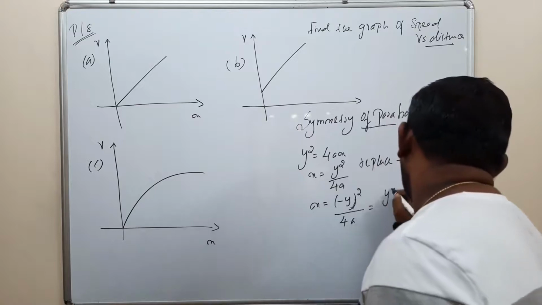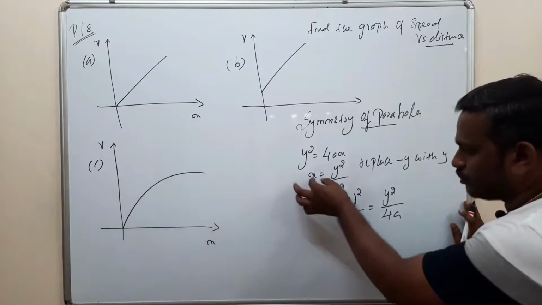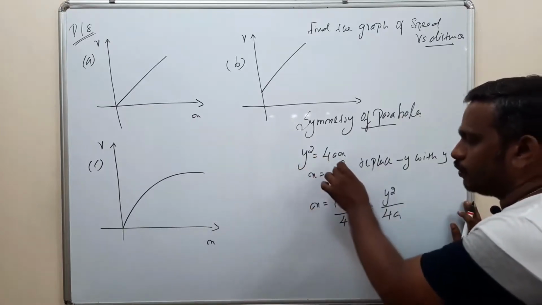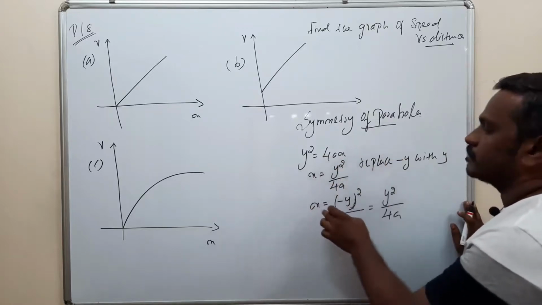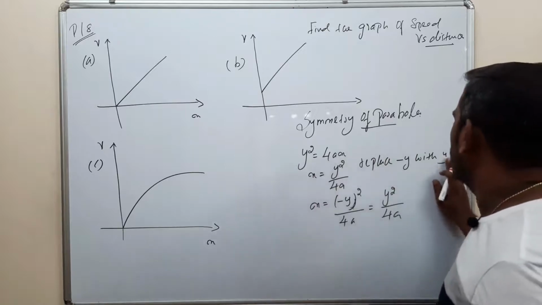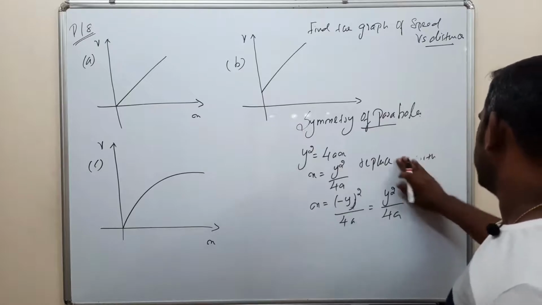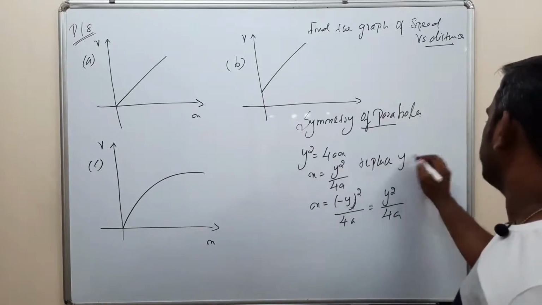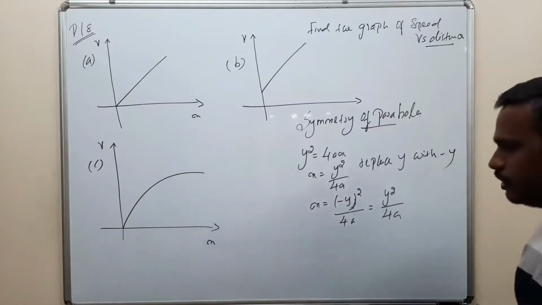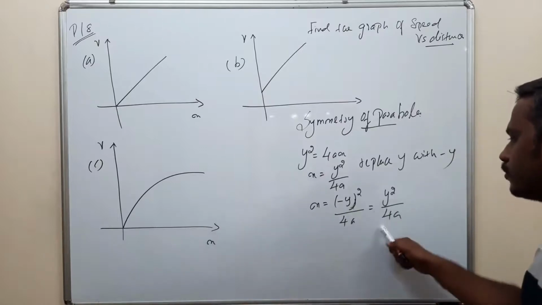That is equal to y square by 4a. So again we are getting the same value. So x equal to y square by 4a. Now replace y with minus y. So x equal to minus y the whole square divided by 4a, that is equal to y square by 4a.